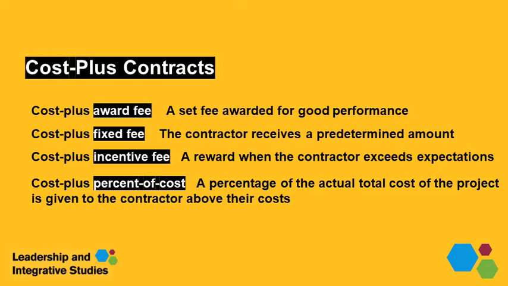The incentive fee arrangement provides specific rates for when the supplier exceeds expectations. And for the percent of cost fee arrangement, the higher the final cost is, the higher the fee is.